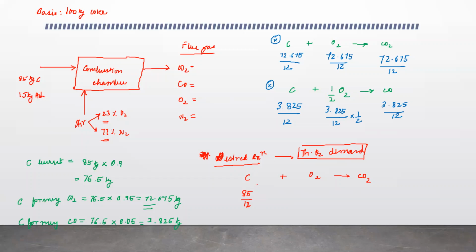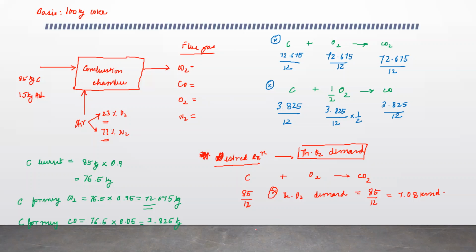Obviously, from stoichiometry, the same number of moles are required. So the theoretical oxygen demand is 85 by 12 kilomoles, that is 7.08 kilomoles. This is going to be the theoretical demand.